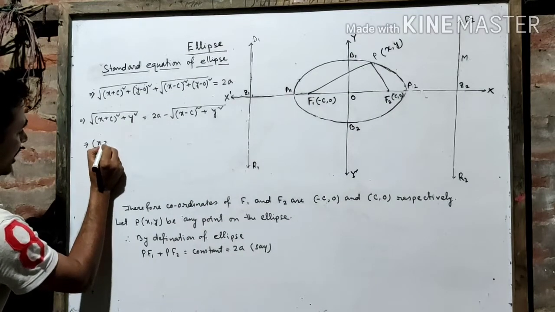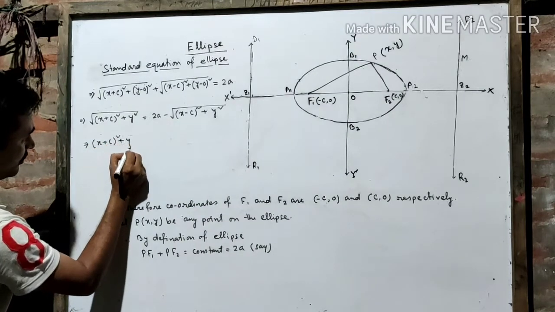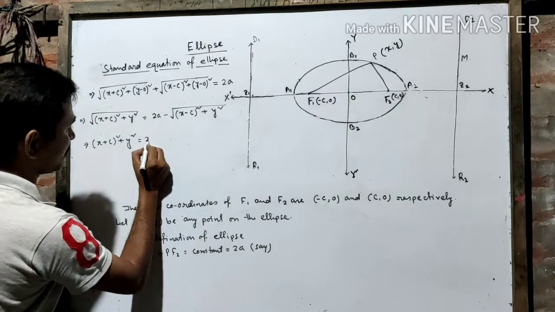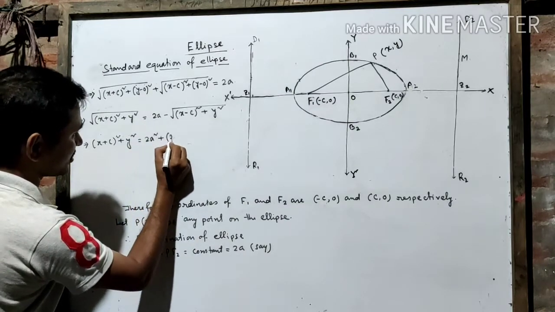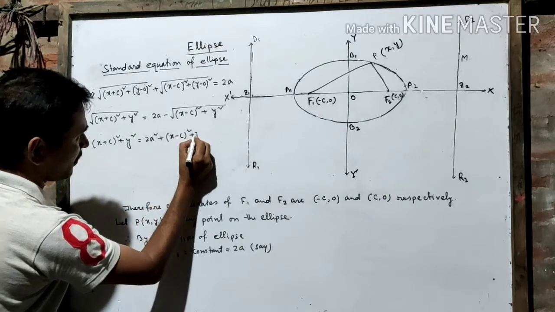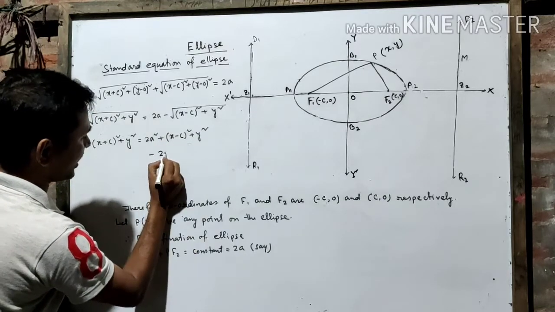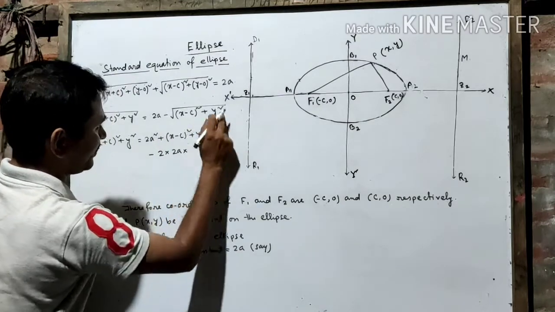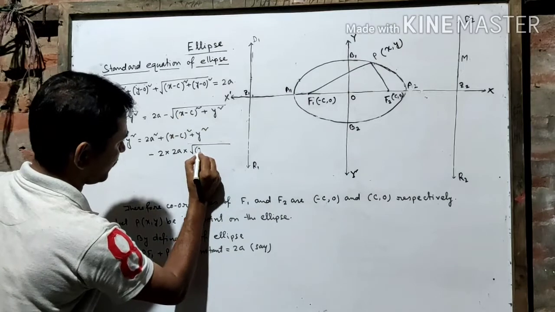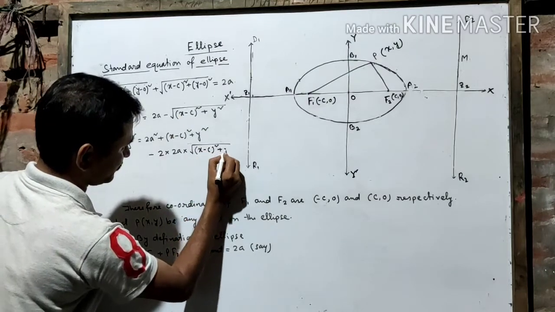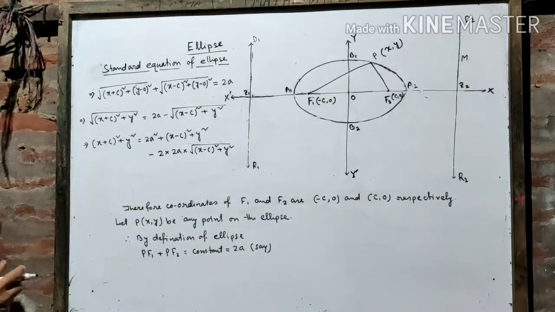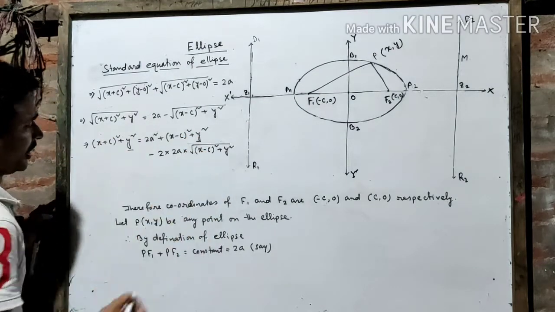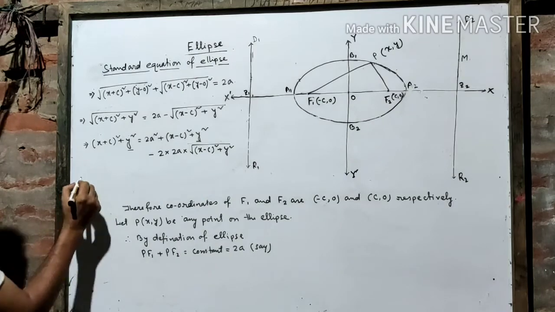So we will get (x plus c) whole square plus y square. So this is (a minus b) whole square, so a square plus b square minus 2ab, that means 2a into b, which is this part. So on squaring we get this quantity. Now y square, these two will be cancelled.